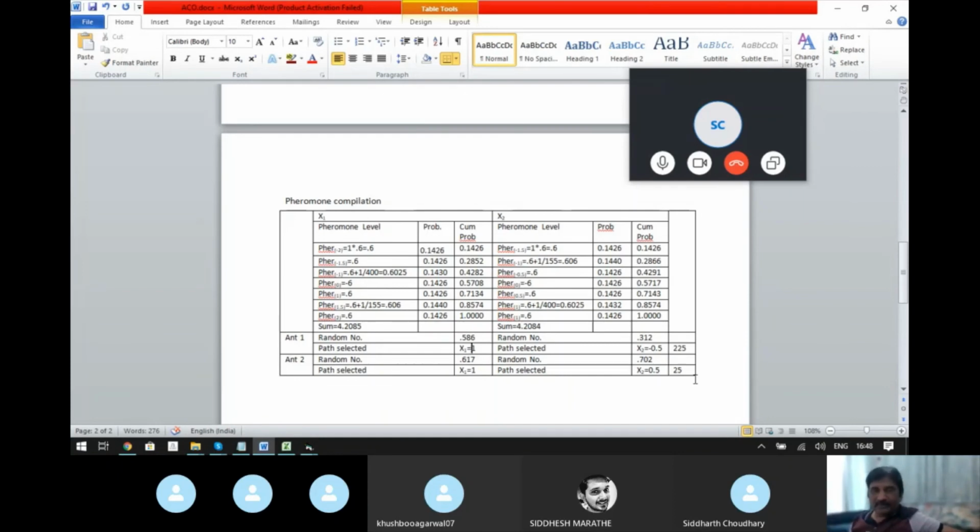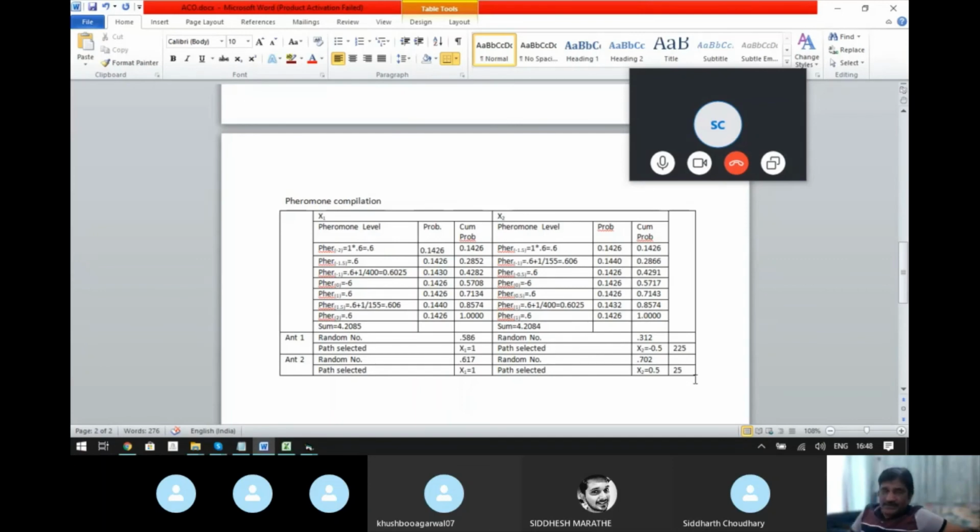Okay, by ant1, by ant2. Had there been a third ant, then you would have fired the third random number and found the value of x1 and x2. Like that it would have gone. As your journey proceeds, more pheromone will be deposited on the paths having lesser function value.